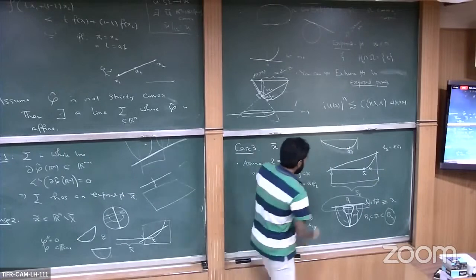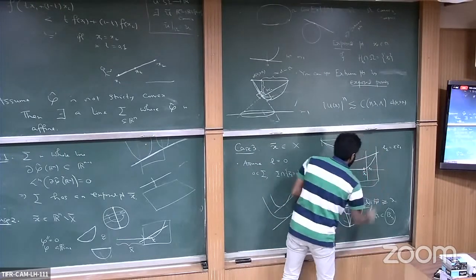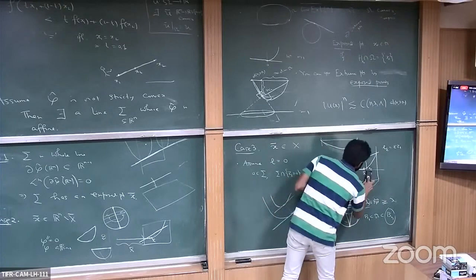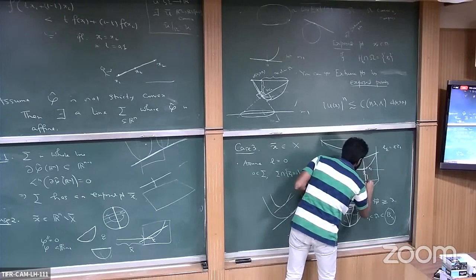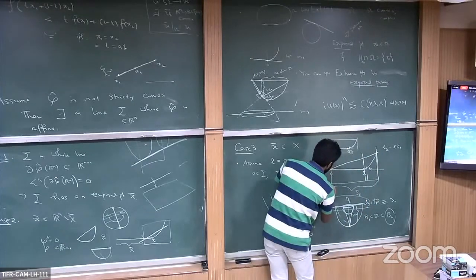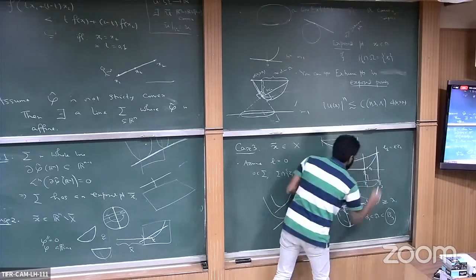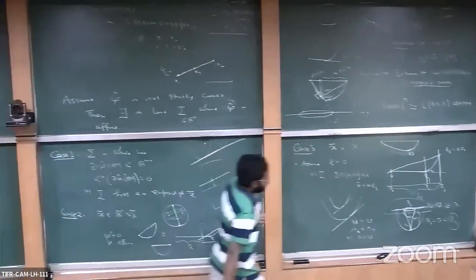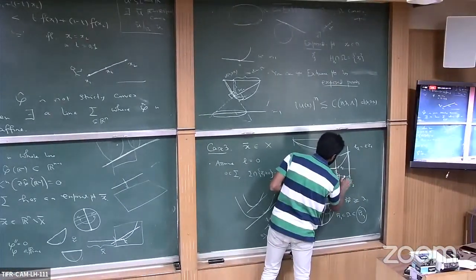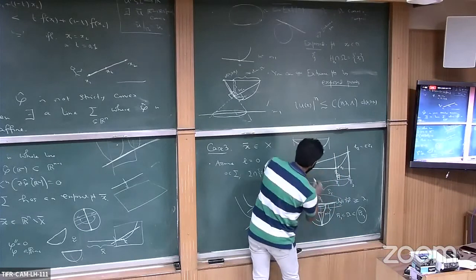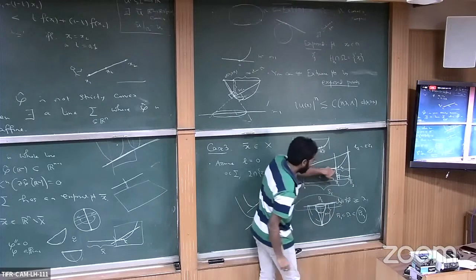Okay, now this line and this line. Let me draw. That's phi 0. This is phi 1, and this is phi 2. Okay. Now, see the distance between these two. So I just lift the plane slightly up. So this distance is A, and therefore this is an exposed point, right?